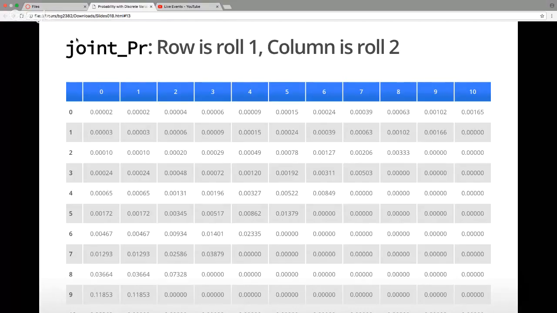Anyway, there's a 0.0072 probability of knocking down 3 pins on the first roll and 3 pins on the second roll. There is, like we said, an 11.8% probability of knocking down 9 pins on the first roll and 1 pin on the second. And all these numbers sum up to 1.